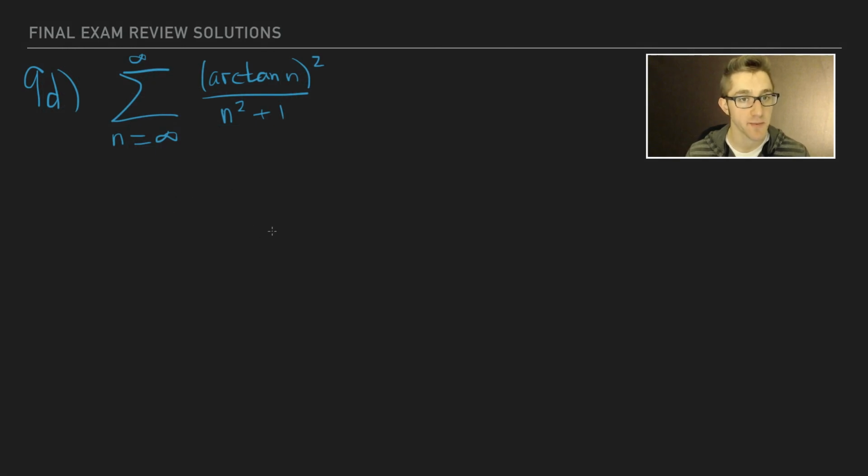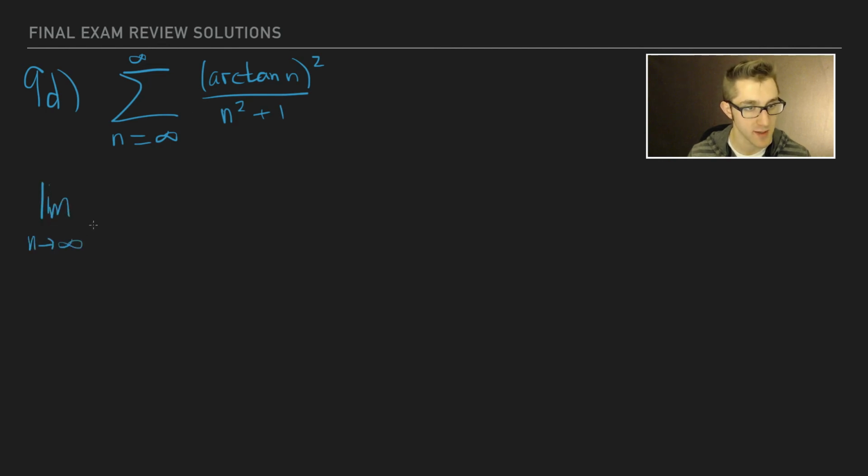For 9D, we have the sum of arctangent of n squared divided by n squared plus 1. Looking at this, we see that the top, as n goes to infinity, arctangent of n goes to pi over 2, so this is a constant on top, divided by something that is roughly n squared. So that should tell us that we should do limit comparison with the sum of 1 over n squared. So we'll do that.